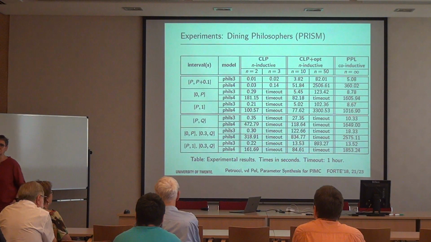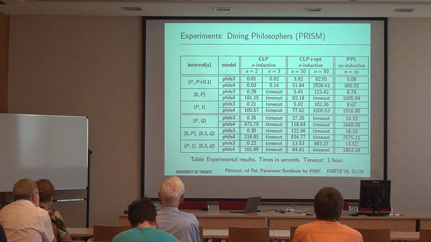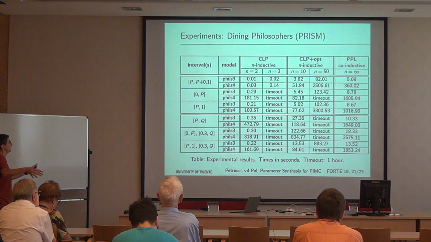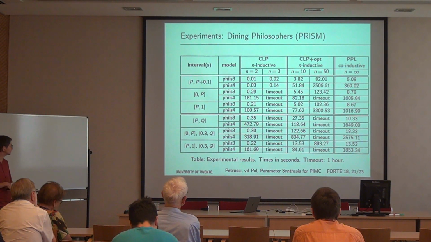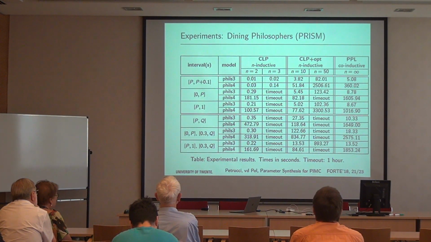So different values to examine what was going on in different settings with one parameter, two parameters, with bounds that both have the parameter but are not a single point, or ranging from 0 to 1. The models were for 3 philosophers and 4 philosophers, and it's already quite big.